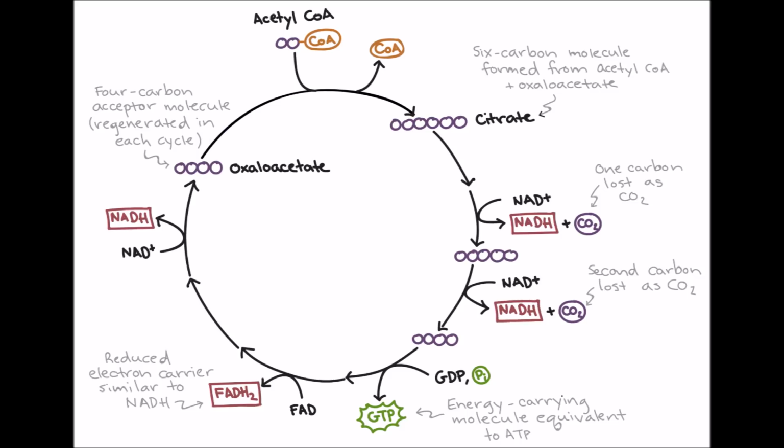We are also producing 2 molecules of CO2, which makes perfect sense because we start with acetyl-CoA, which has 2 carbons, and we need to get rid of the carbons but keep the electrons. So if you can remember that acetyl-CoA has 2 carbons, you'll remember how many carbons come out of it, and then I would just memorize that 3 NADH, 1 FADH2 and 1 ATP come out of it.